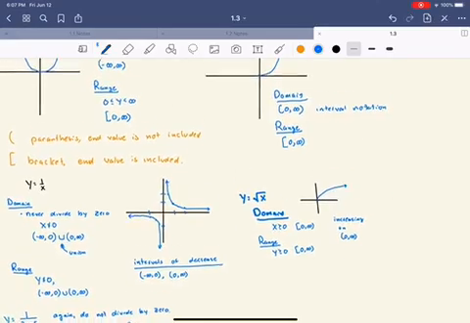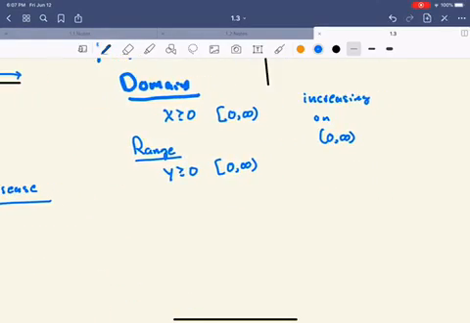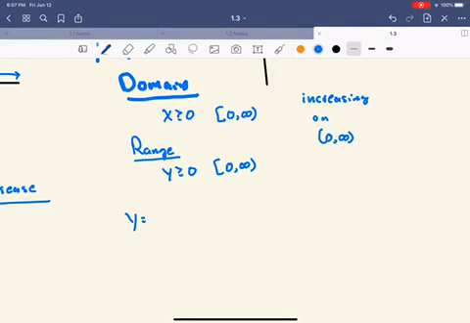Okay. Let's take another one. Let's take y equals the square root of 5 minus 3x. So, remember, our domain.